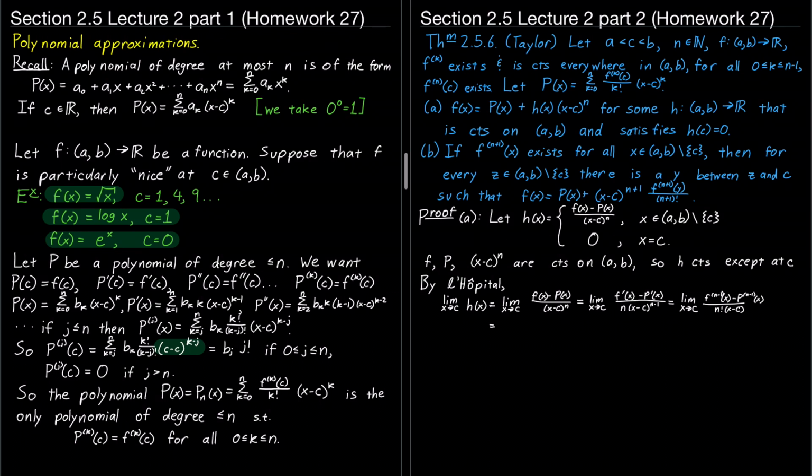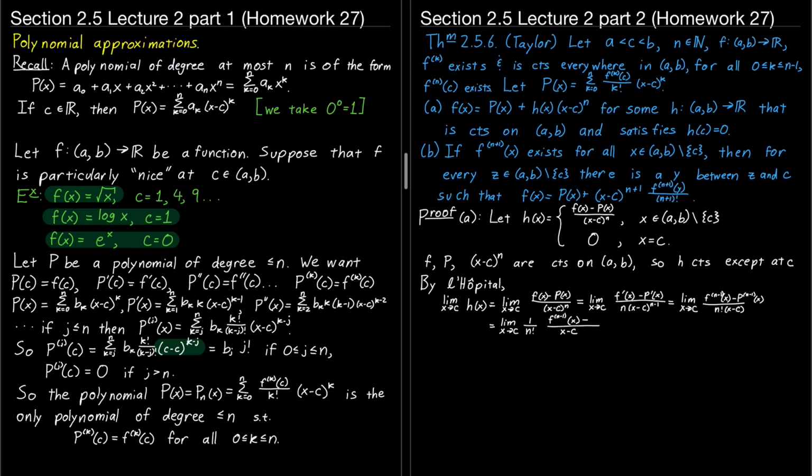So let's see what we've got here. We've got our 1 over n factorial, and then we've got f n minus 1 of x. We've got an x minus c in the denominator. And then what is the p n minus 1th derivative of x? Well, p is a polynomial of degree n.